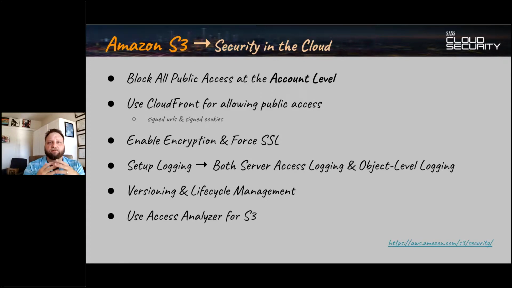I love versioning. It's a means of keeping multiple variants of an object in the same bucket. You can use versioning to preserve, retrieve, and restore every version of every object stored in your S3 bucket. With versioning, you can easily recover from unintended user actions and application failures.